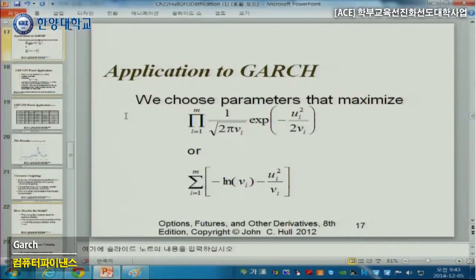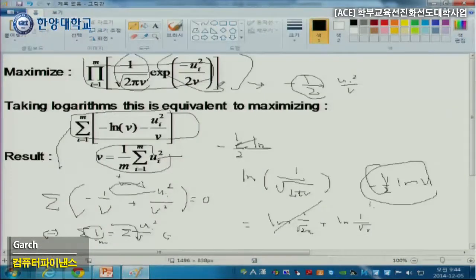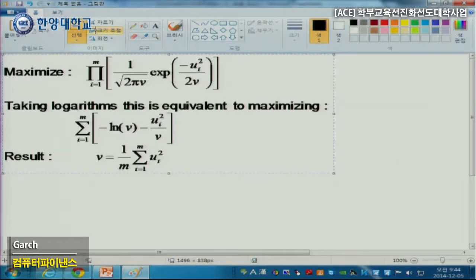Now, in the application of Cauchy, all we have to do is, it is almost the same problem, but now this volatility is time varying. If volatility is time varying, variance is time varying, so we have to change this one over here.